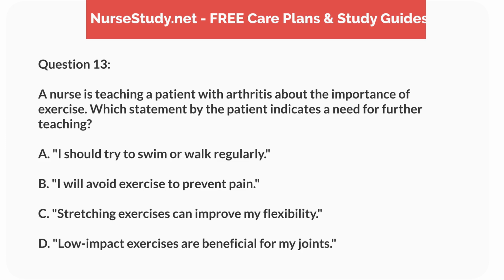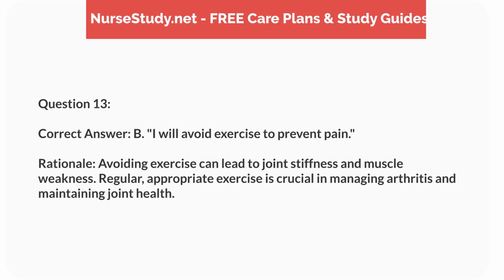D. Low-impact exercises are beneficial for my joints. Correct answer: B. I will avoid exercise to prevent pain. Rationale: Avoiding exercise can lead to joint stiffness and muscle weakness. Regular, appropriate exercise is crucial in managing arthritis and maintaining joint health.